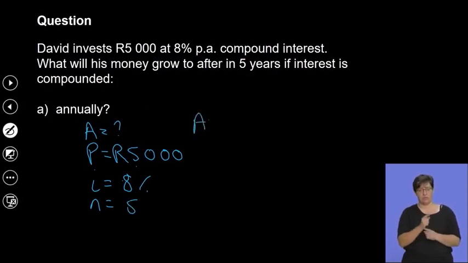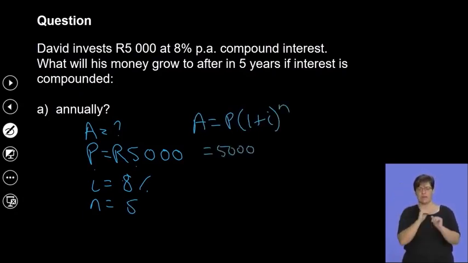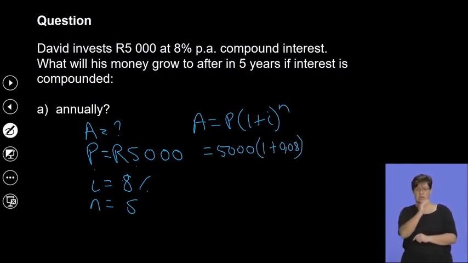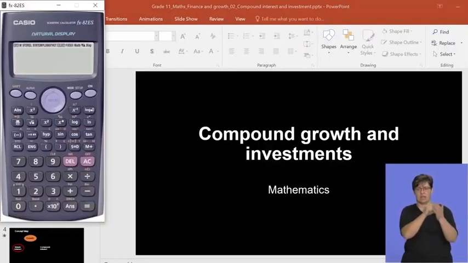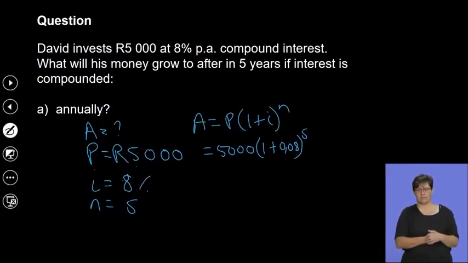Then if we substitute this in our formula, 1 plus I to the exponent of n, it will be equal to 5,000 into 1 plus 0.08 to the exponent of 5. And then I will just need to use my calculator here.